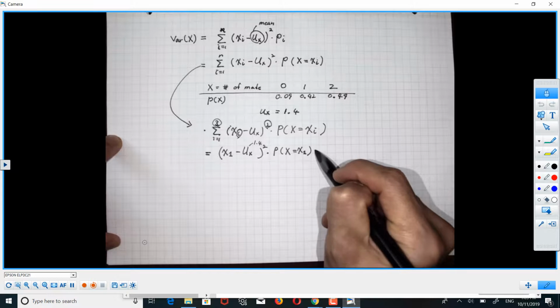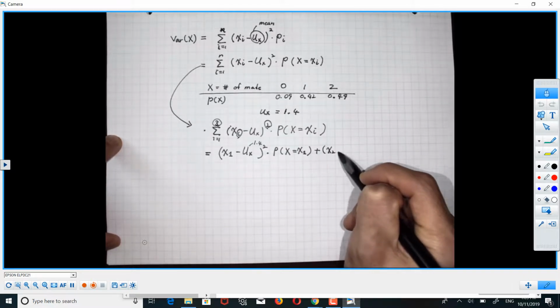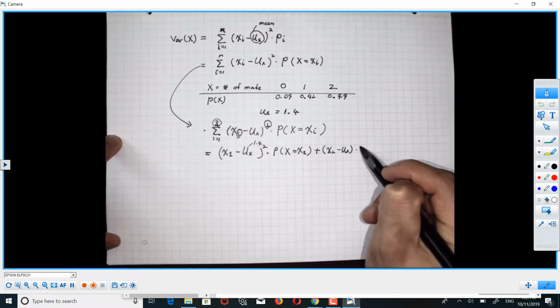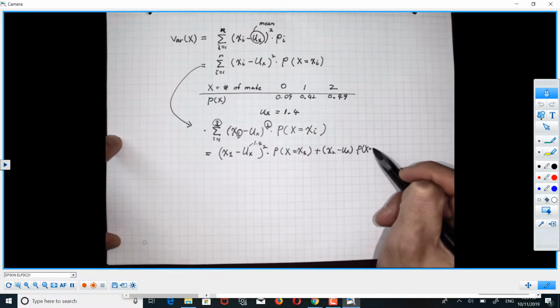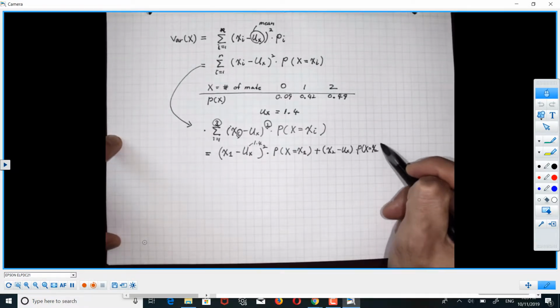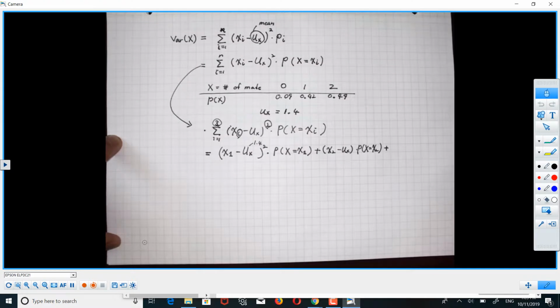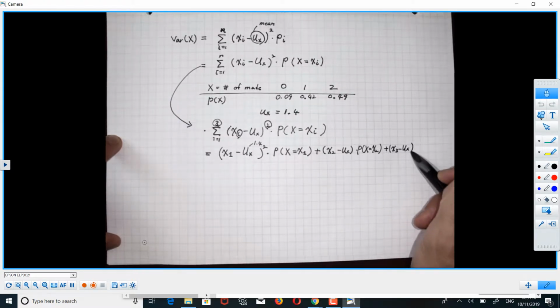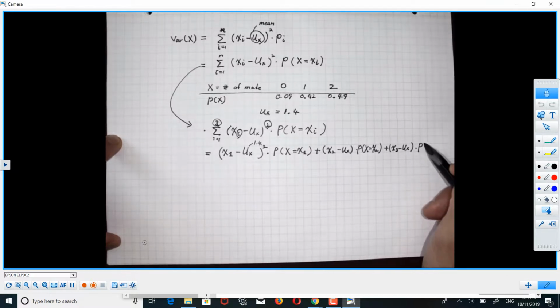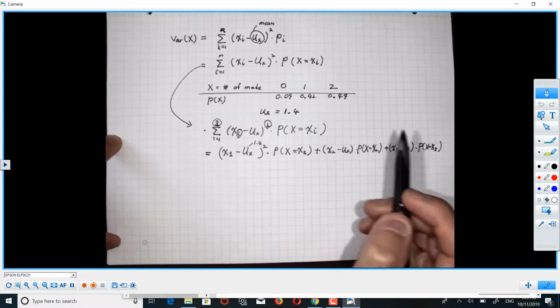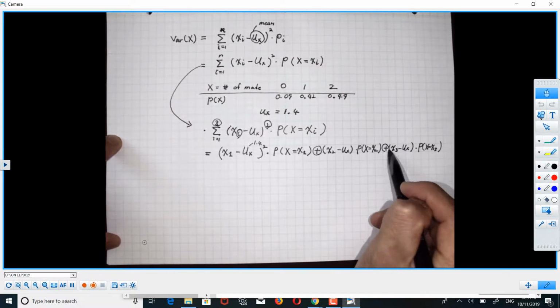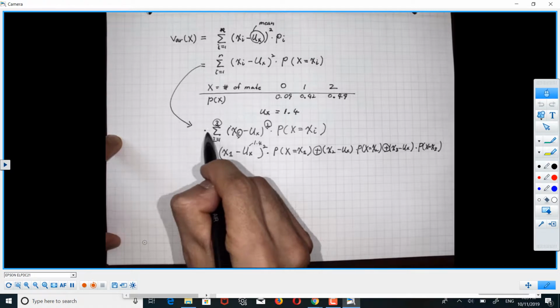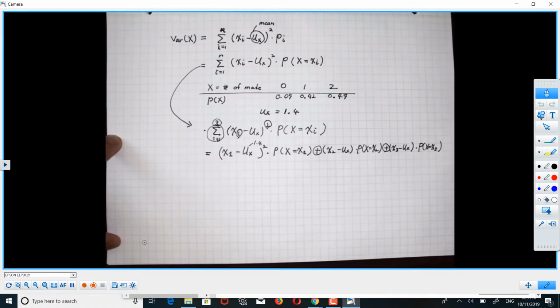So let's just expand this. x2 minus mu x squared, times the probability that x is equal to x2, plus, this is summation, and x3 minus mu x squared, multiplied by the probability that x is equal to x3. So it's plus, because the sigma is really adding all the elements, okay?